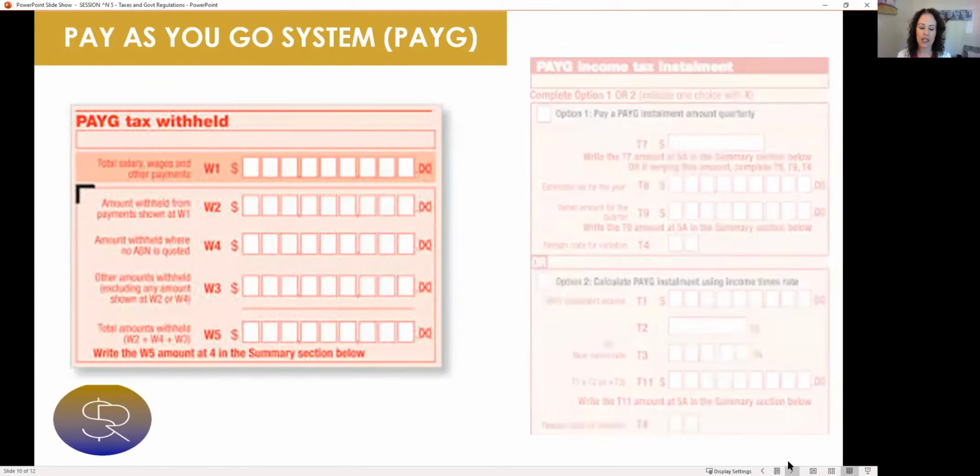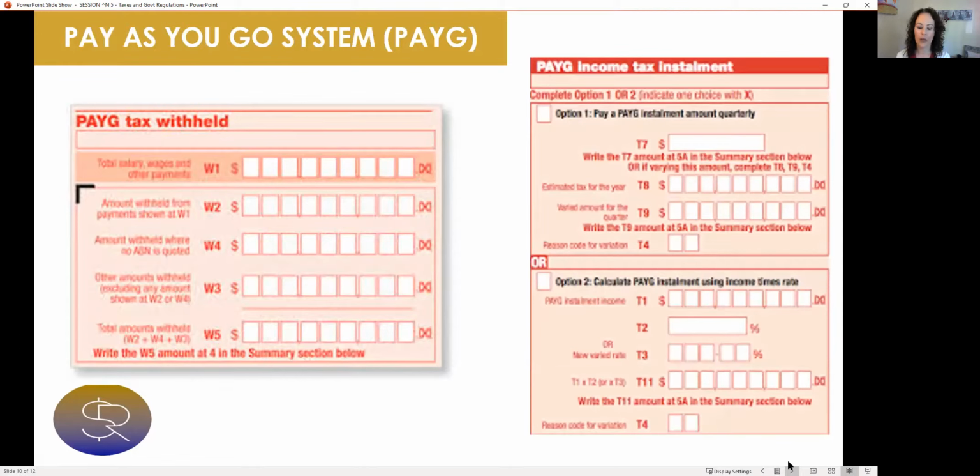The second image here is how we report PAYG instalments for our company, which relates to the business income that we earn. Now, it's important also to note that in the first year of business, whether as a sole trader or a company, you will not be automatically put into the PAYG system.